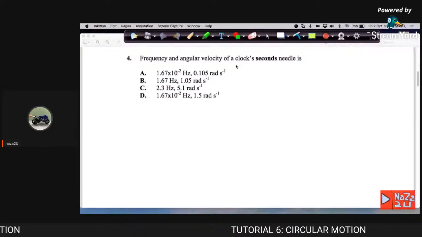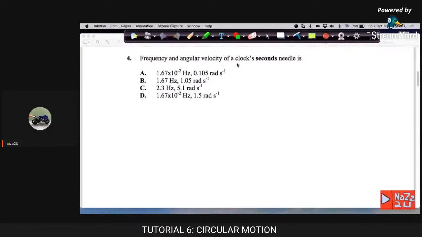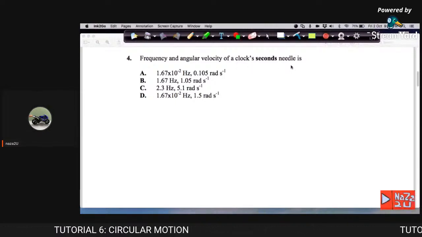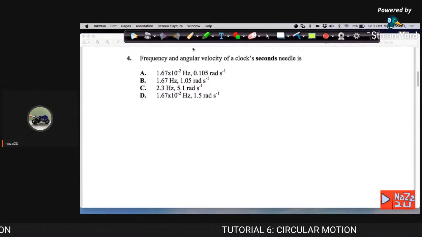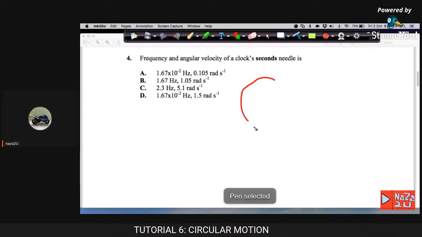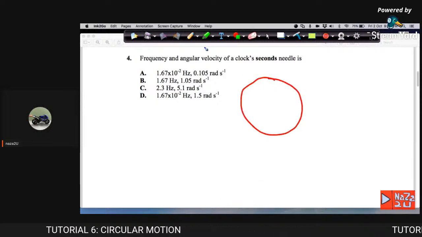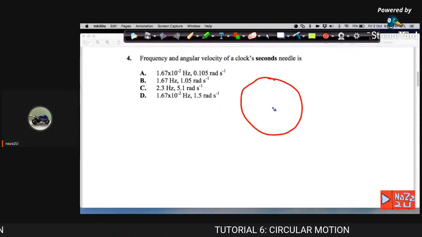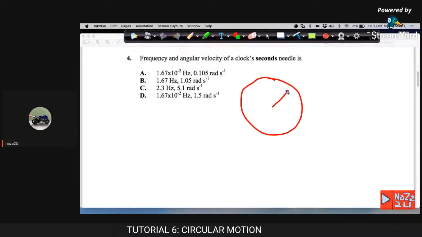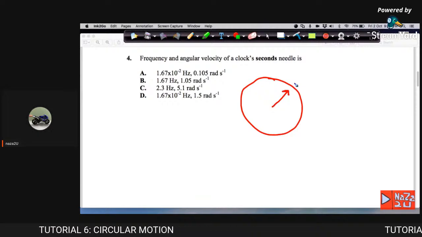The frequency and angular velocity of a clock second needle. If we look here, it is a wall clock, so we have the needle, usually the second hand, the one that moves, showing the time.